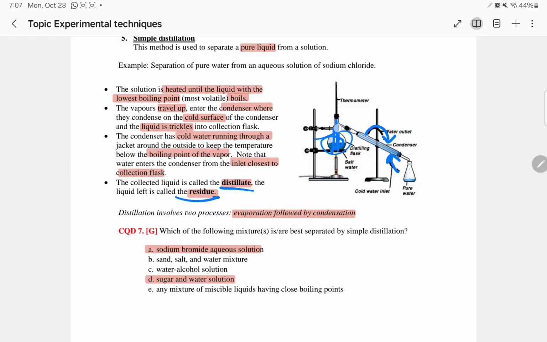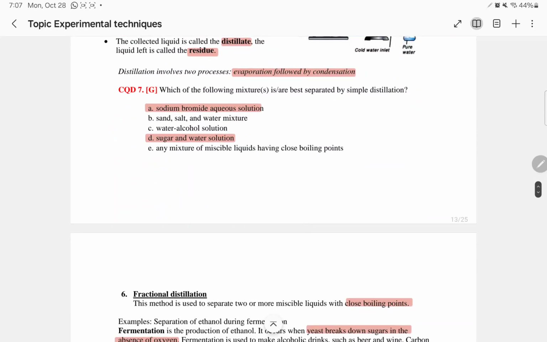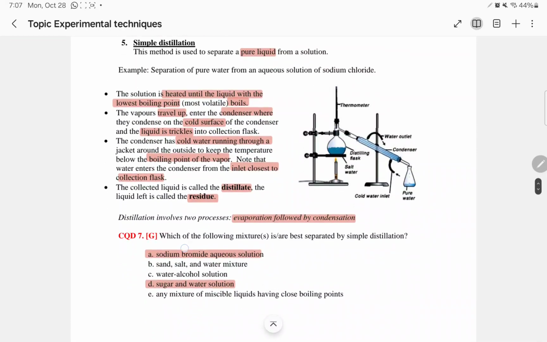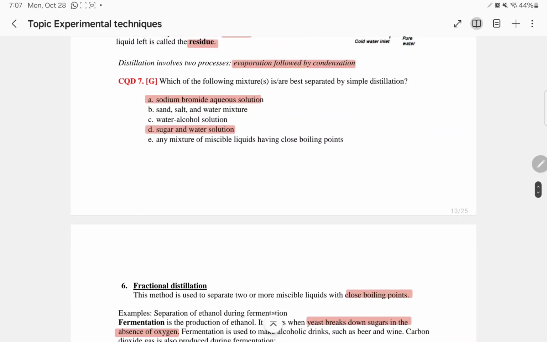So what you're doing practically is by heating it, you make it evaporate, and then it condenses and goes down again. What you could use for simple distillation: sodium bromide, aqueous solution. You could use this for all aqueous solutions, I think. And sugar and water solution, or salt and water, anything, doesn't matter.